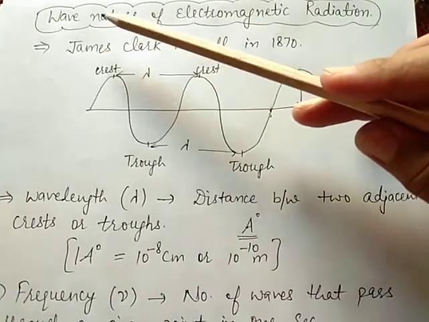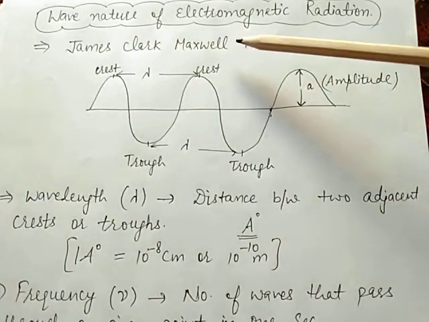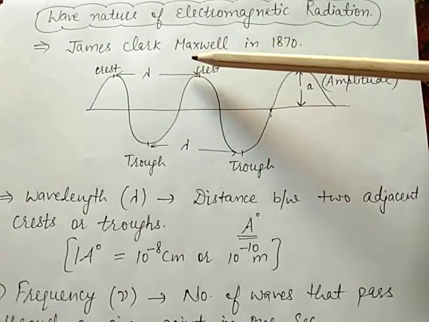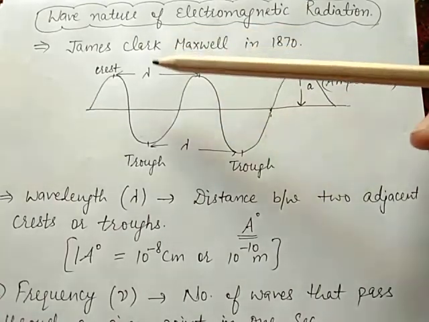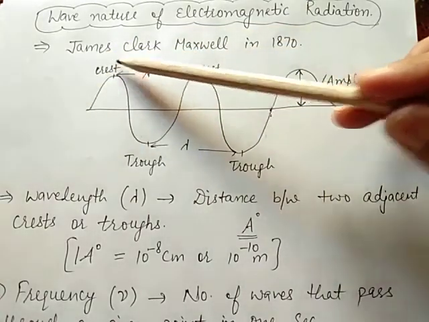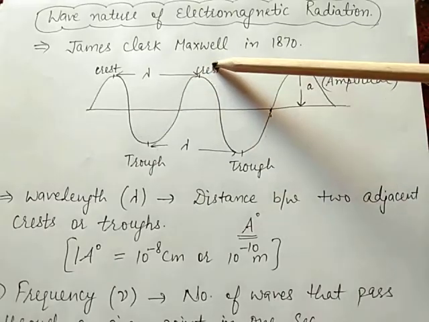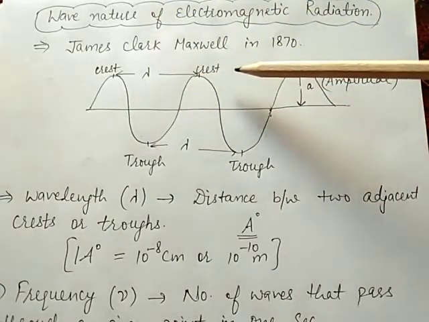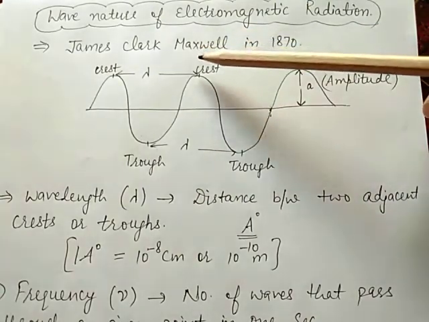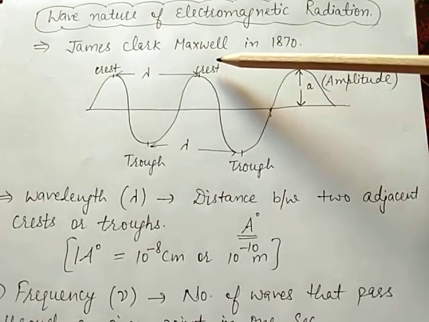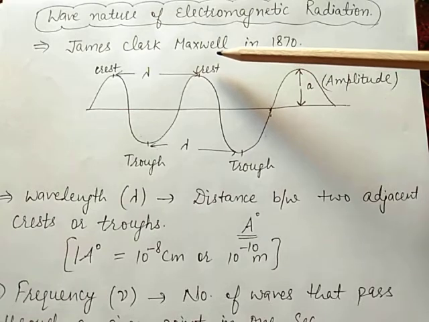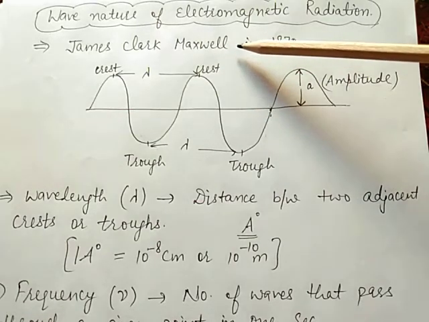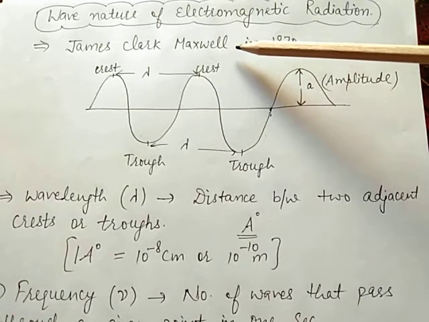Now, the electromagnetic wave theory was given by James Clerk Maxwell in 1870. He gave an explanation about the interaction between charged bodies and the behavior of electrical and magnetic fields on a macroscopic level.